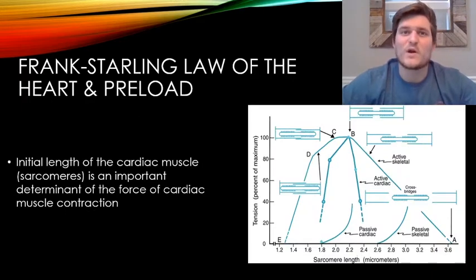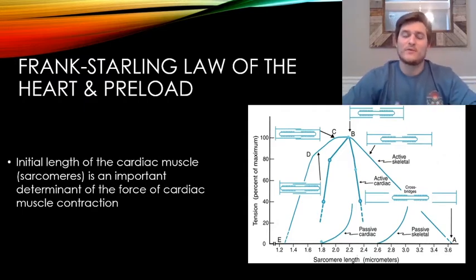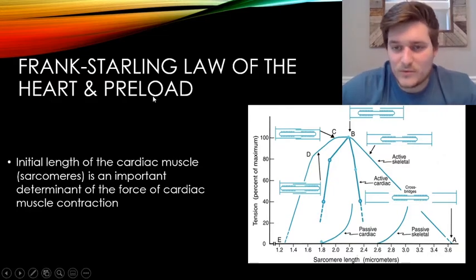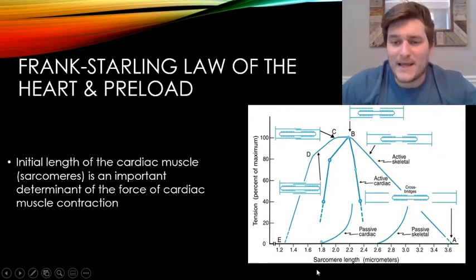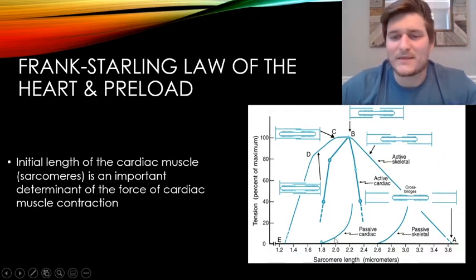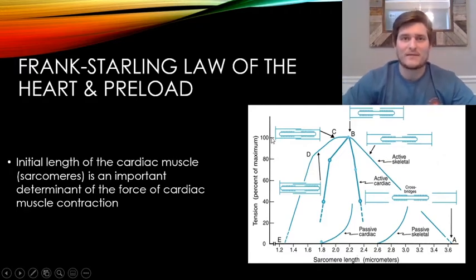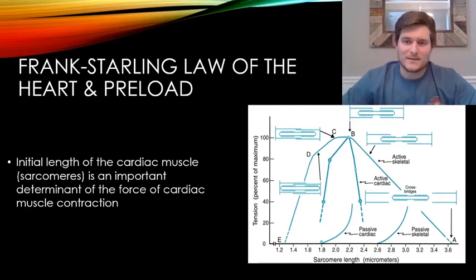So let's get to the question of why preload impacts stroke volume and cardiac output. And the reason lies within our muscle mechanics. So you may remember from your physiology course that the length of a sarcomere and the length of a fiber will ultimately dictate the tension produced by that fiber, and that's going to translate into force.